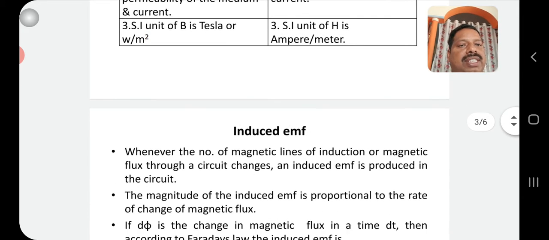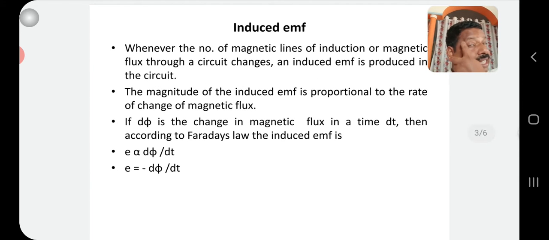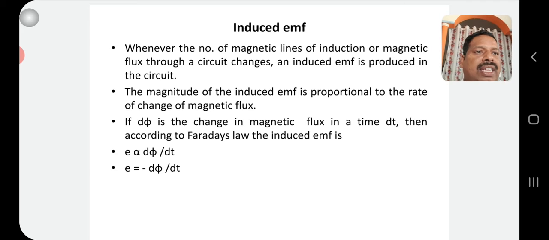Next we are going to discuss the concept of induced EMF. What is EMF first? Electromotive force. In the PU classes we came across the definition of EMF before discussing Faraday's laws of electromagnetic induction. There we come across this concept, electromotive force.